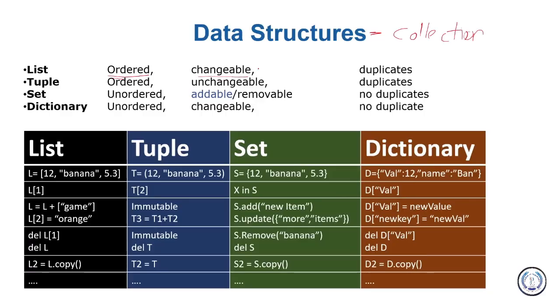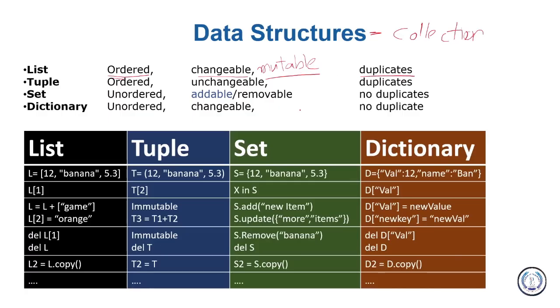Changeable, or the more usable term, mutable. Mutable means once the list is created, in contrast to a string, you can change its elements. For example, you can change the third element with another element, and that's perfectly fine. That's what we mean by changeable, or more popularly, mutable.